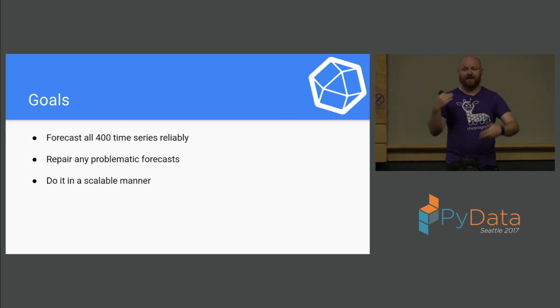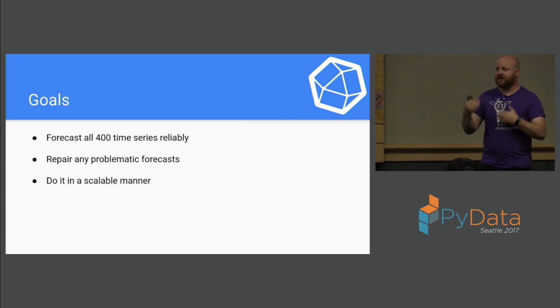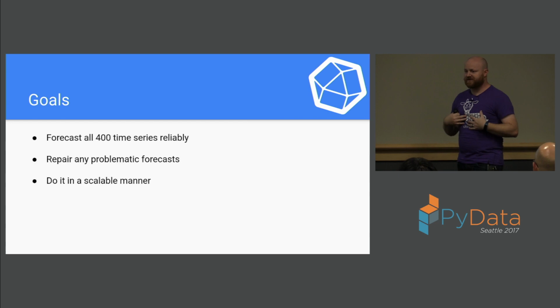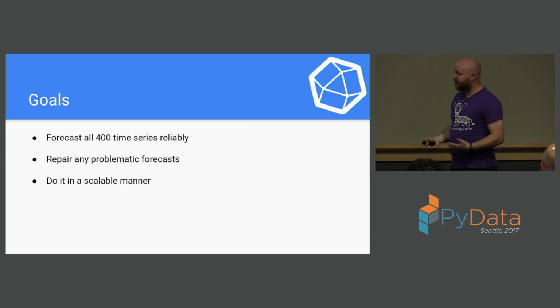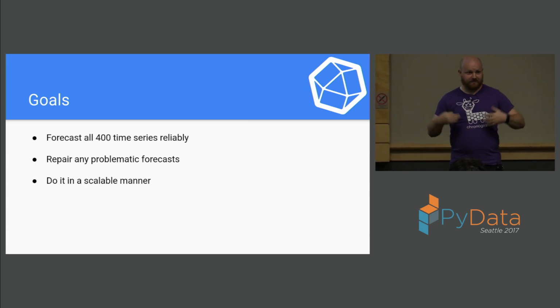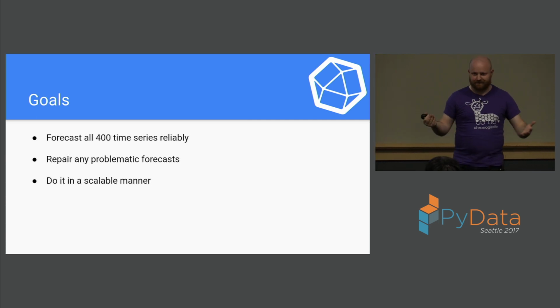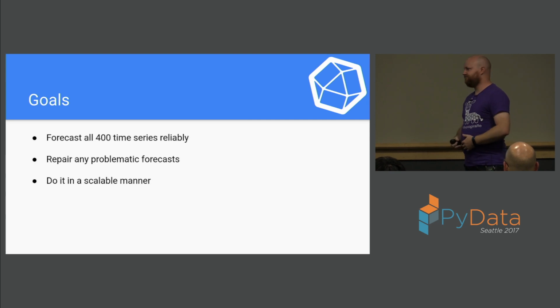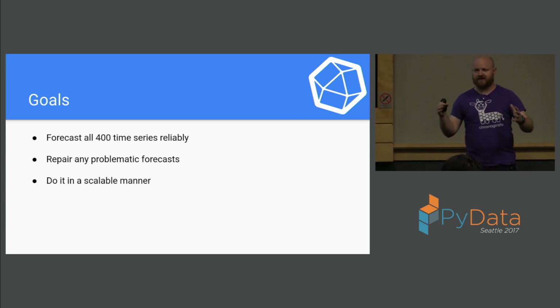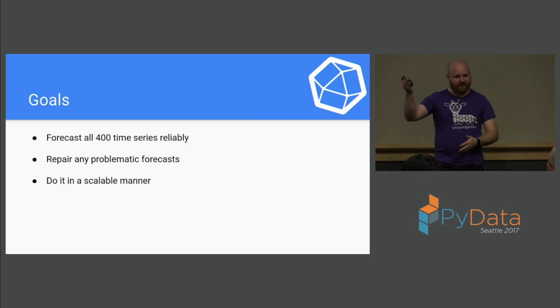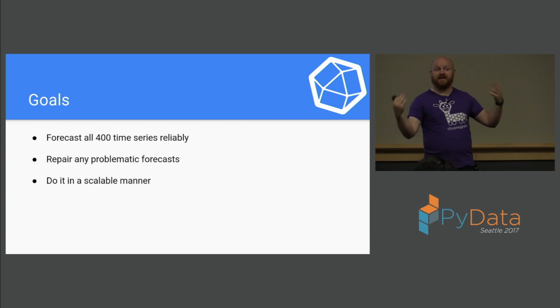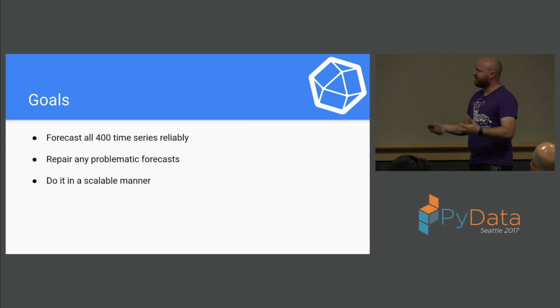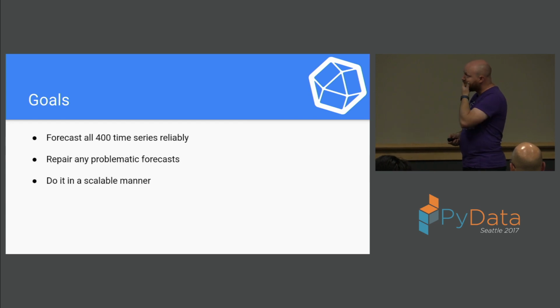And we want to do it in a repeatable manner such that it costs very little overhead, time and resources for an analyst or developer, so that you can do this at scale. 400 is pretty small, but the idea is that these could be different communities. The example Facebook uses is that they have lots of communities, like different groups, and each one has its own growth. They're managing many, many of these. So that's a little insight into how this could be used on a bigger scale.